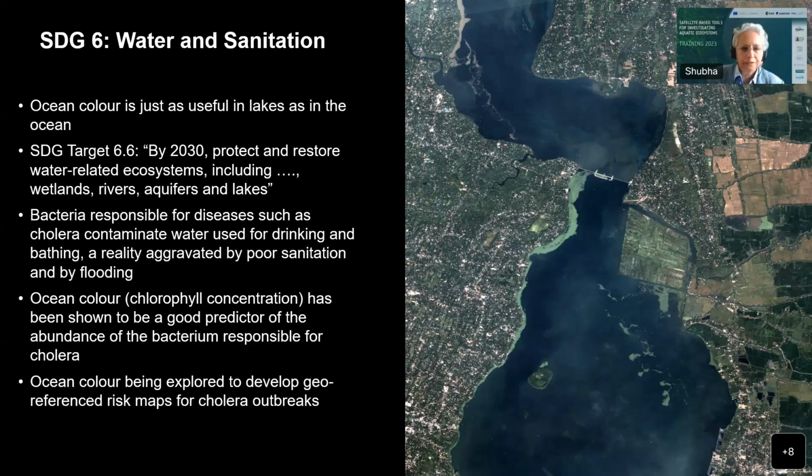And there is a need for developing better geo-referenced risk maps. And you will hear more about geo-referenced data in Milton Campbell's talk in 3 weeks' time, I think.